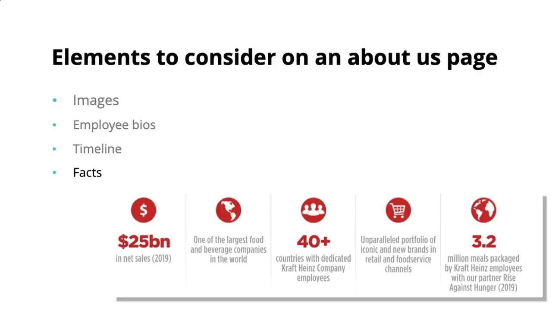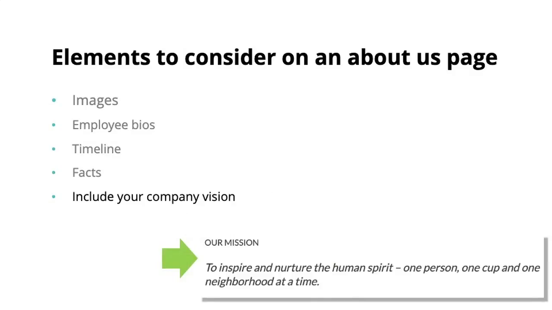Numbers really can speak volumes. So also, of course, include your company vision, your mission statement, what you're hoping to achieve as a company. And remember, when it comes to these elements, don't feel like you need to include them all. They're just some ideas of what you could put on your page to make it a little bit more interactive.